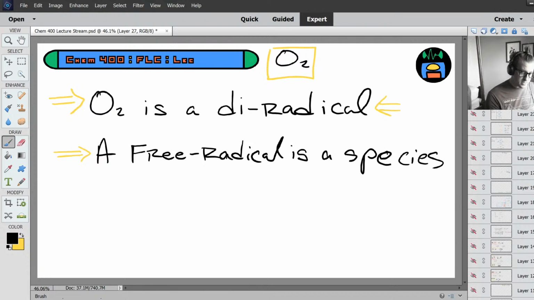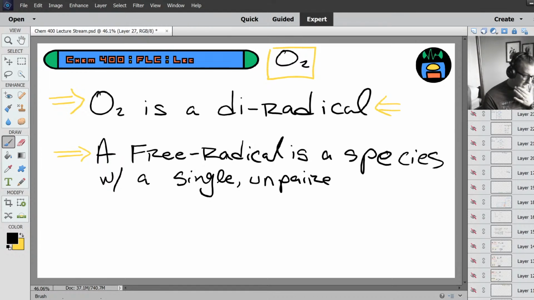A free radical is a species with a single unpaired electron. All right, usually something that's violating the octet rule. These things are very reactive.